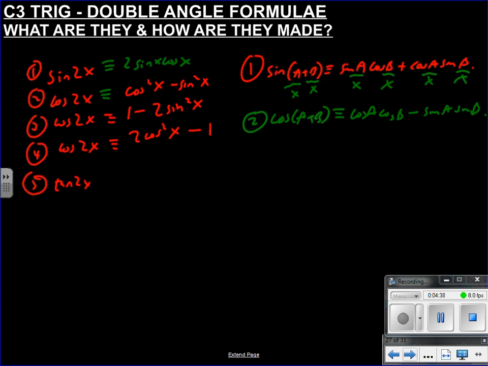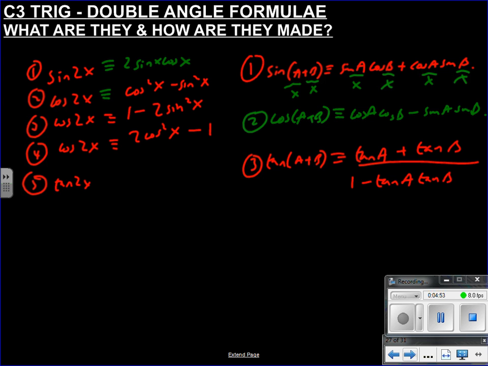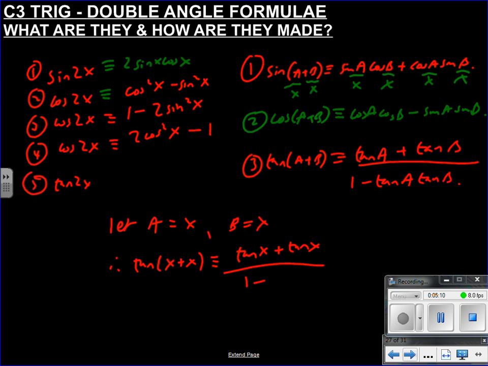Linking again to the addition formula, tan A plus B is tan A plus tan B on the top, over 1 minus tan A times tan B. Let A be x, let B be x, and therefore tan x plus x is tan x plus tan x on the top, 1 minus tan x times tan x.